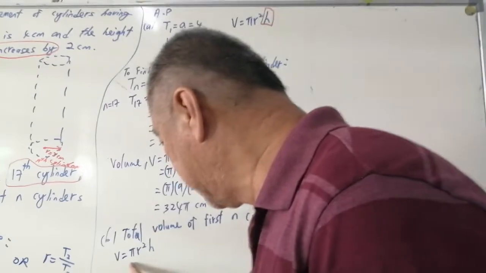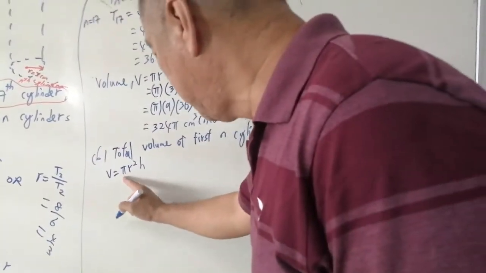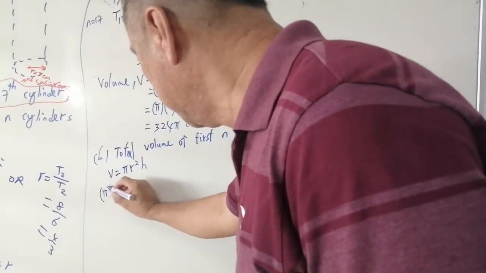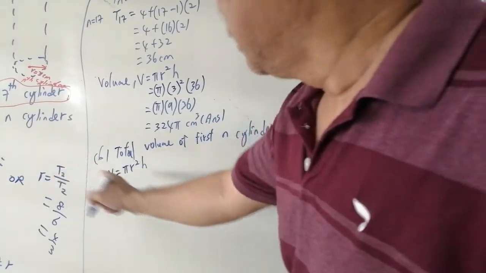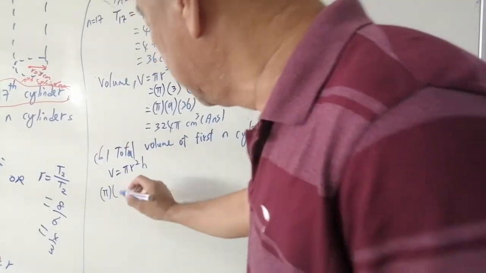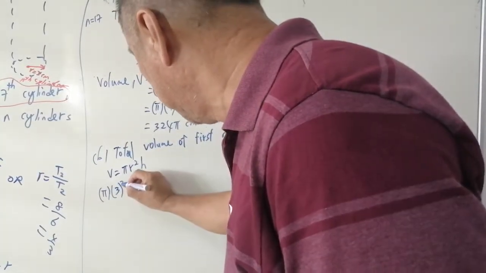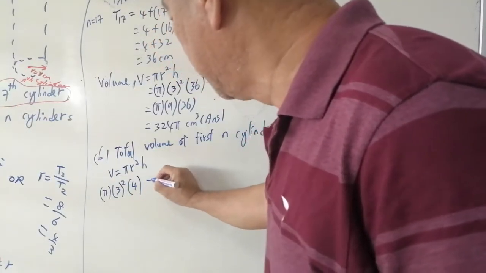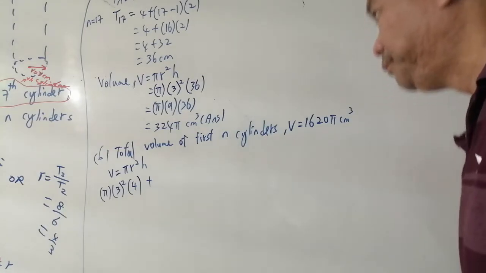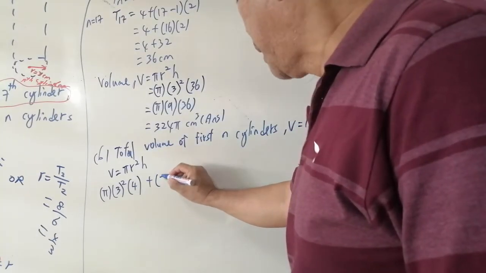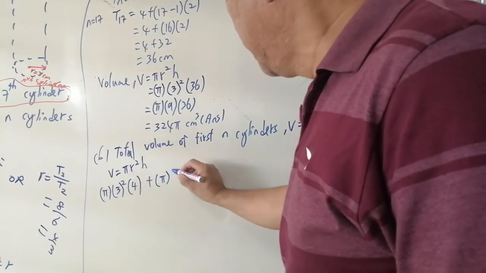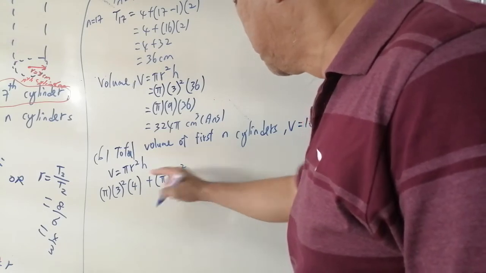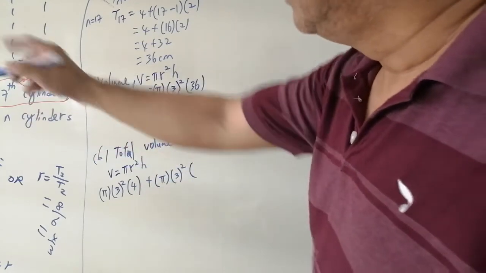Then I just substitute inside here. My first one is pi, radius is 3 squared. My first cylinder, the height is 4 cm. Then plus the second one, pi, my radius still remains the same, 3 squared, my height will be 6.